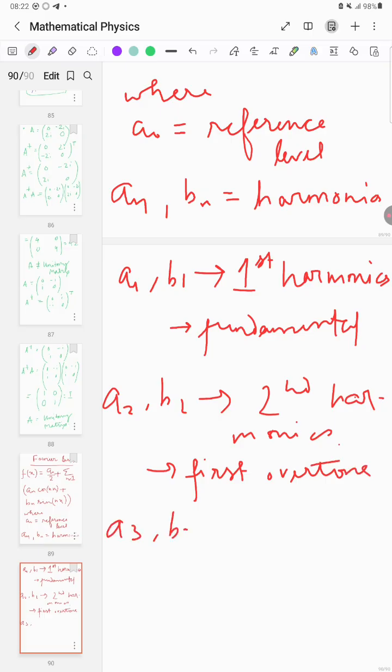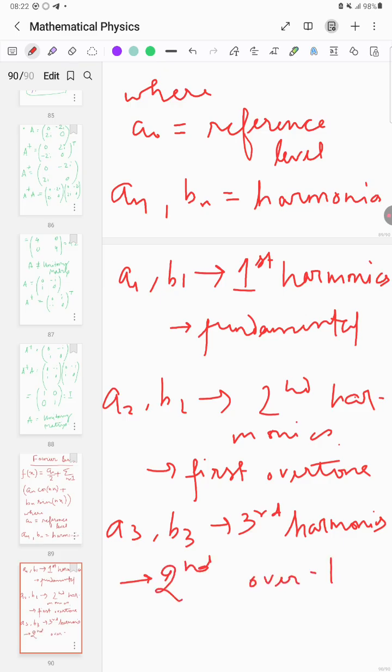Similarly, a3 and b3 are called the third harmonic, and they are called the second overtone.